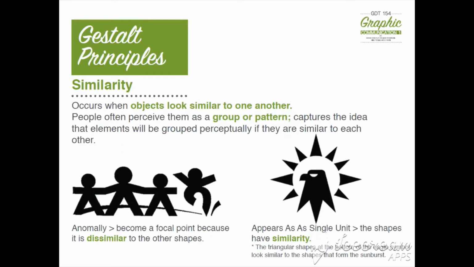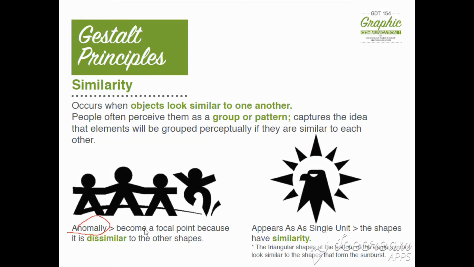Let's have a look. Similarity. Similarity occurs when objects look similar to one another. People often perceive them as a group or pattern. It captures the idea that elements will be grouped perceptually if they are similar to each other. So let's see the example here.